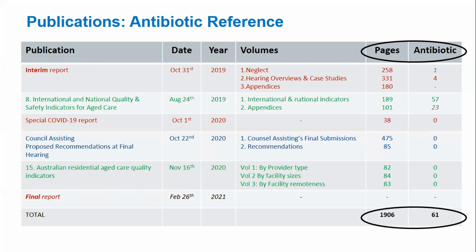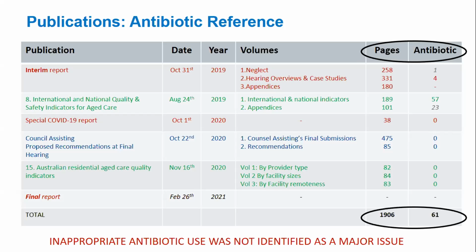It's fair to say I was surprised, perhaps disappointed, that antibiotic was only mentioned 61 times in the 1,906 pages. If you accept my crude assumption, then inappropriate antibiotic use was not identified as a major issue.